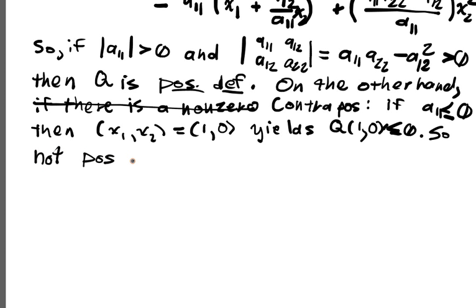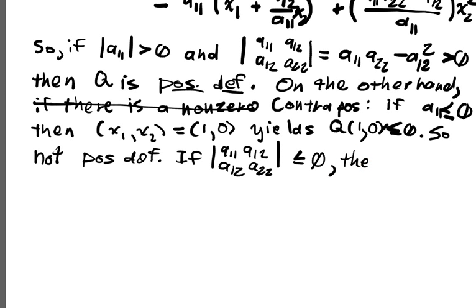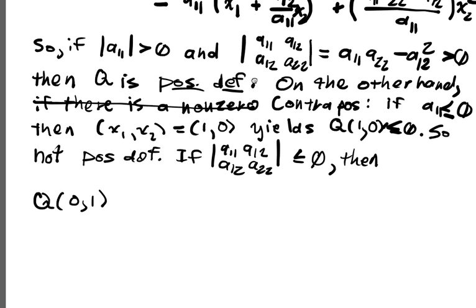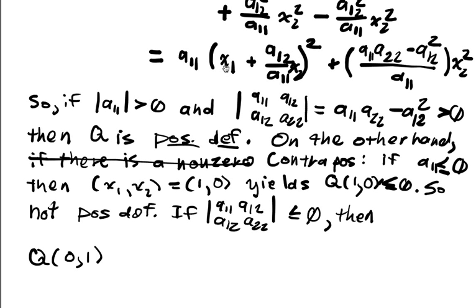If the determinant of [a11 a12; a12 a22] is less than or equal to 0, then we see that the trick is we're going to set x2 to be a non-zero number.